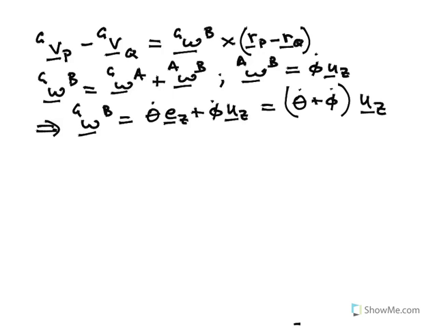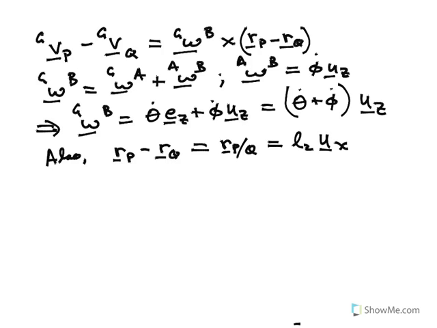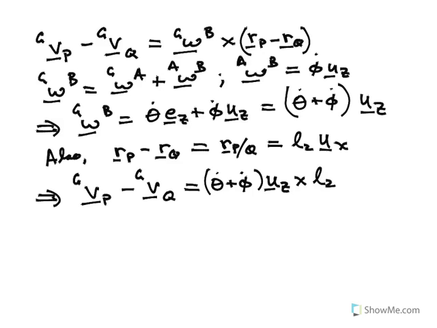Now, we can actually use that information to compute the velocity of point P relative to Q in G. We know that the position of P minus the position of Q, which also happens to be the position of P relative to Q, is equal to L2 times Ux, because we've defined Ux to be along the second arm, which is along the reference frame B. So this gives us that the velocity of point P in G minus the velocity of Q in G is equal to theta dot plus phi dot times uz crossed with L2 times Ux, which gives L2 times theta dot plus phi dot times uy.